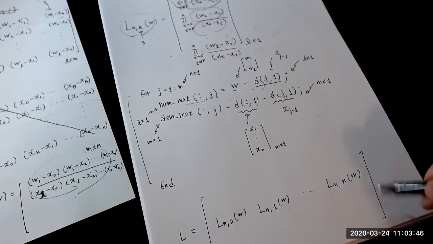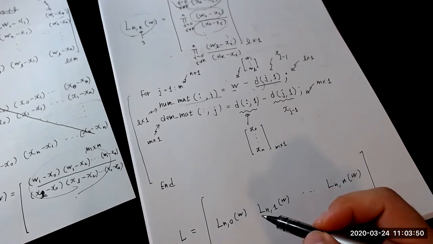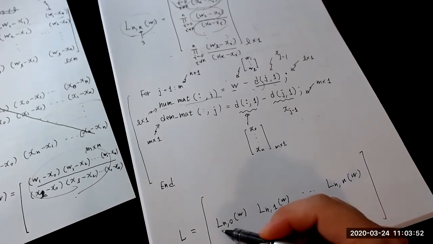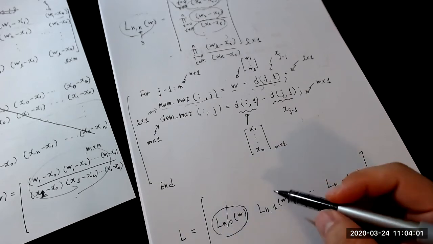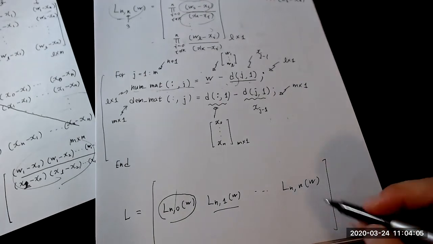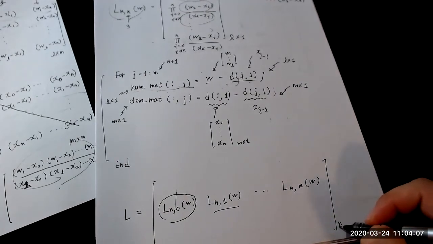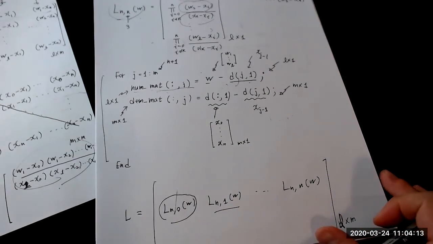Keep in mind that W is a column matrix, an L by 1 matrix. So L_{n,0}(W) is an L by 1 column matrix. So this is a column. How many columns are there? M, right? So this is an L by M matrix. Keep in mind this.